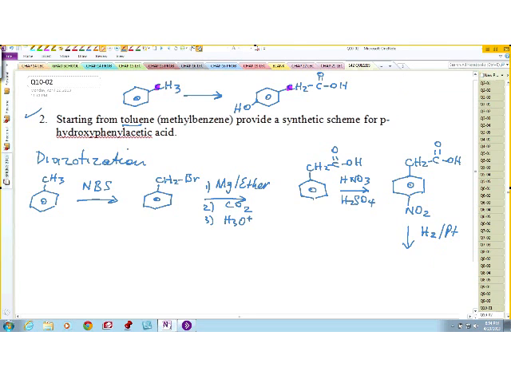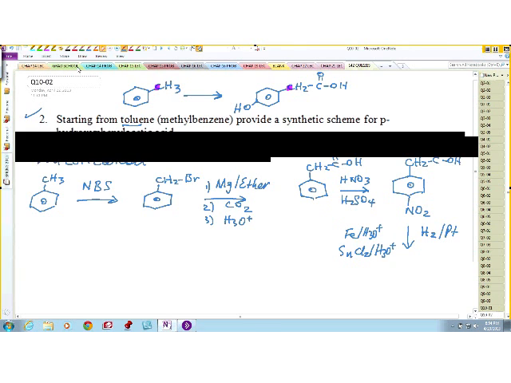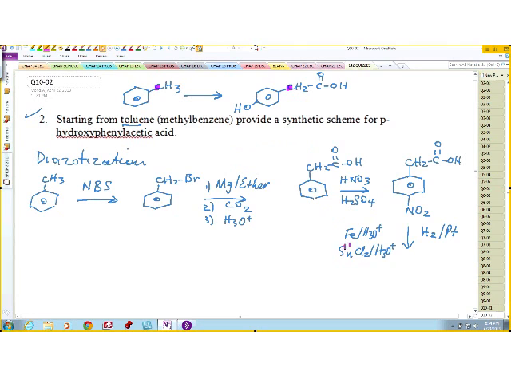Okay, or you could also use iron in dilute acid or tin chloride in dilute acid. So all of this you could use for the same reduction of nitro to amino. Okay? So now what we have is this.